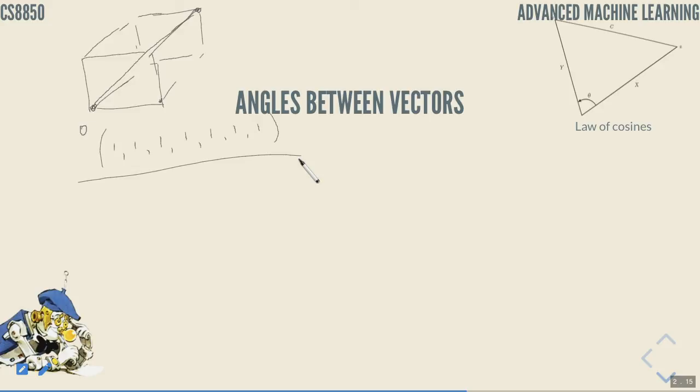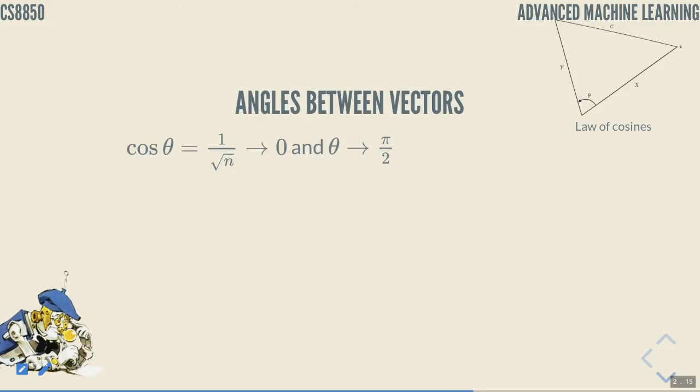If we compute the angle of this line with any other axis-aligned lines, like there are two in this case, the cosine of that angle will be 1 over square root of n.